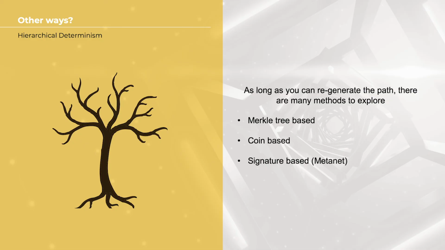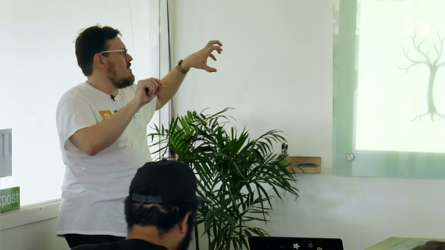So there are other ways to hierarchically determine keys. Hierarchically deterministic basically means that there's a tree and a means to find your way to a branch on that tree. You don't necessarily need to use BIP32, but it's there and it's simple and it's available and it's well known and everybody can use it. But I've seen other schemes that are based on a Merkle tree, where the deterministic addressing comes from the previous transaction ID that a coin was used for.